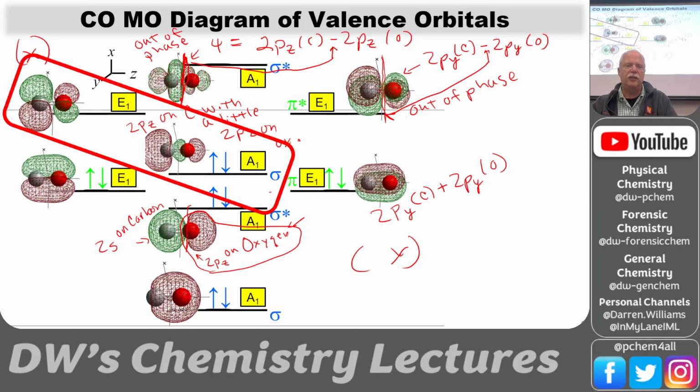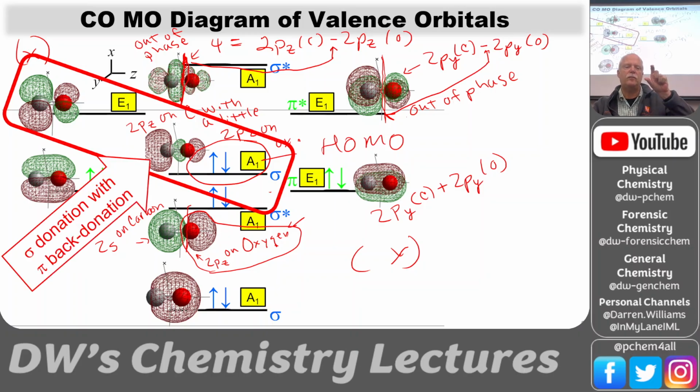Okay, so let's look at these two orbitals here because they're so important. You see, this is the highest occupied molecular orbital. And then these pi stars are the lowest unoccupied molecular orbital, so they're pretty close in energy.